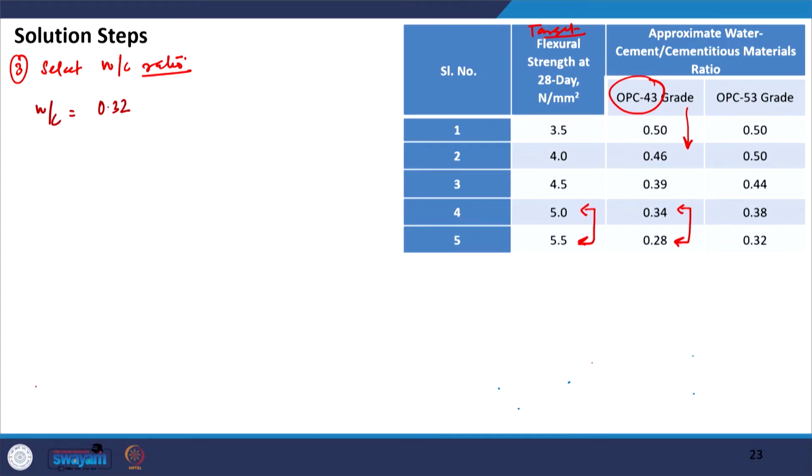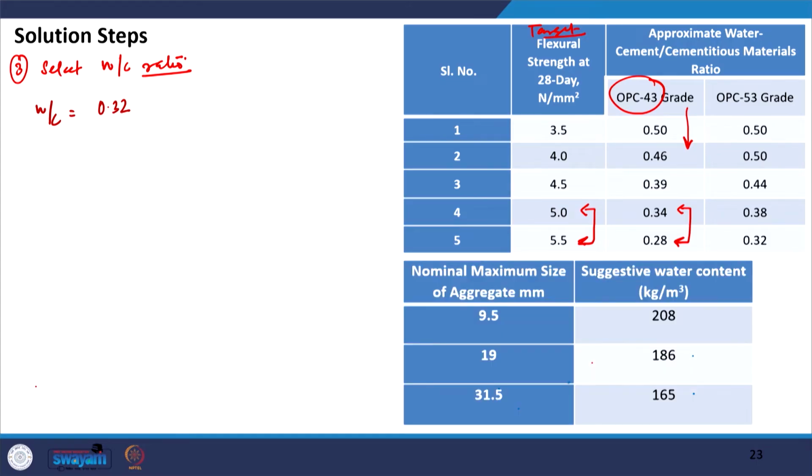So, now we go to the next step, that is the fourth step, and in the fourth step we have to select the water content. All right. So, the selection of water content as per the suggestive table is a function of the nominal maximum aggregate size, and you see we are using 31.5.